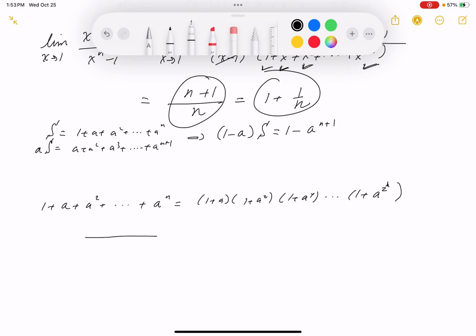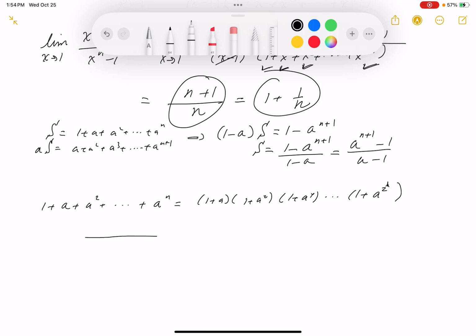All right? And what would S equal? It's not that bad. You could write S down as 1 minus a to the n plus 1 over 1 minus a. Or if you prefer, you could multiply top and bottom by minus 1, and you would get a to the n plus 1 minus 1 over a minus 1. All right?